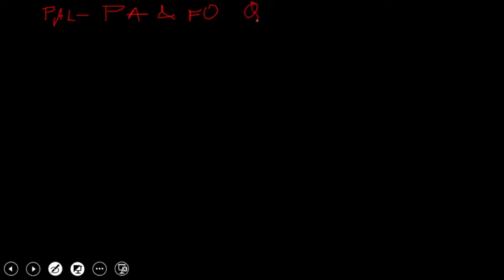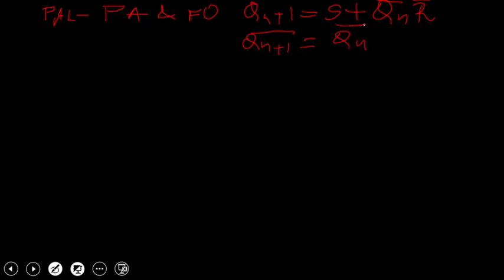It is Qn plus 1 is equal to S plus Qn bar R bar, and next is Qn plus 1 bar is equal to Qn bar S bar plus R. So these are the two equations that have to be implemented.